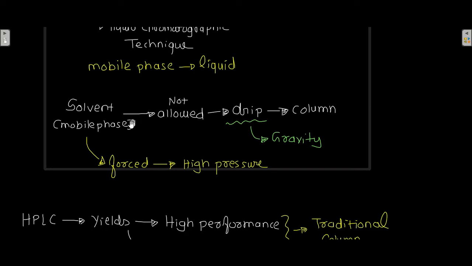So in case of other column chromatography, you put the solvent, then that solvent passes through the column under the influence of gravity. But in HPLC, you don't rely on just gravity. Okay, you force this solvent through the column at high pressure using motors and pumps.